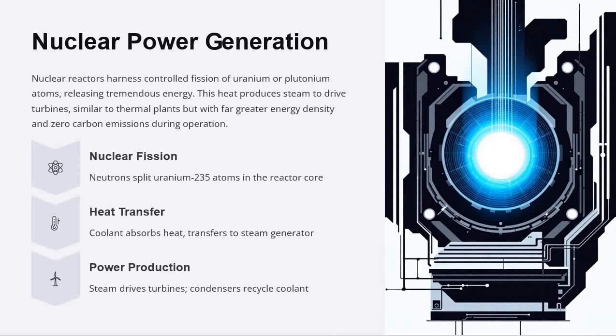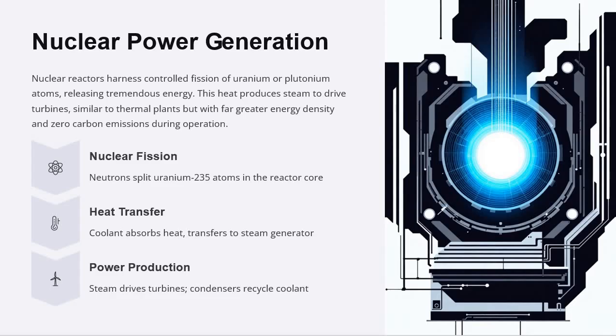And finally, we discuss nuclear power generation. Nuclear reaction harnesses controlled fission of uranium and plutonium atoms, releasing tremendous energy. This heat produces steam to drive the turbine, similar to the thermal power plant, but with far greater energy density and zero carbon emission during operation as compared to the thermal power plant.